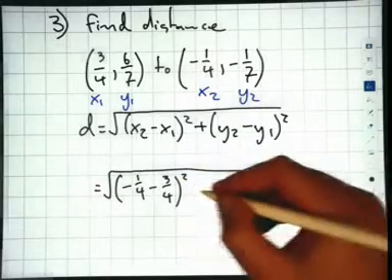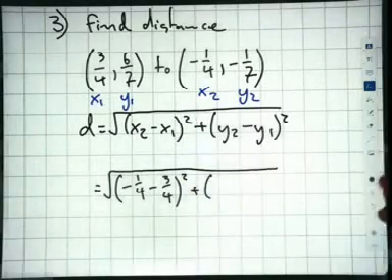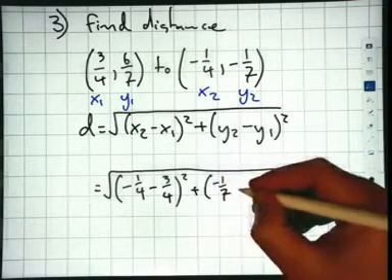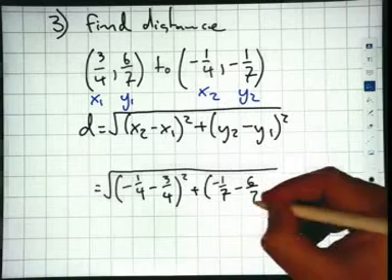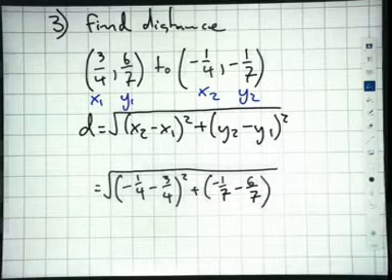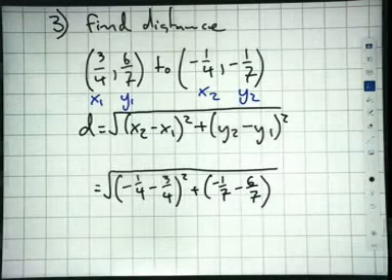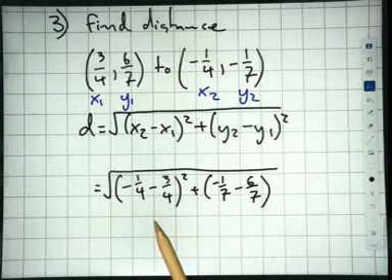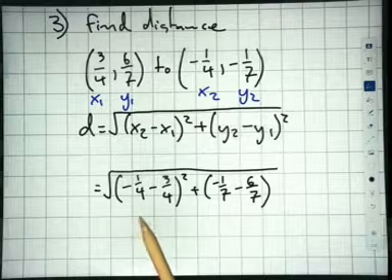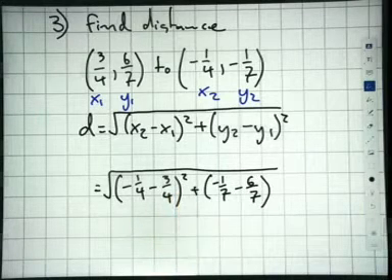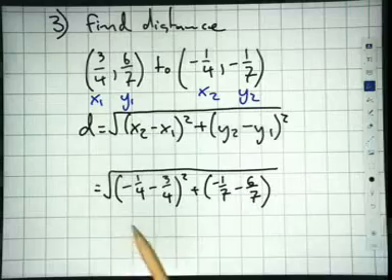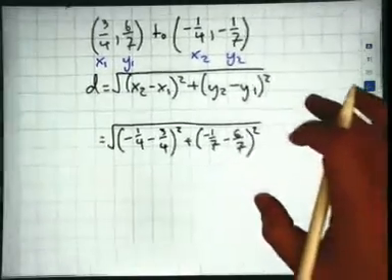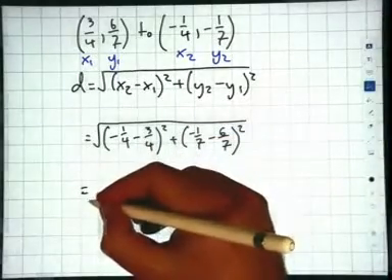Because you'll notice that the x's have the same denominator and the y's have the same denominator. If I really wanted to get you thinking about this problem, I would introduce fractions that don't have the same denominator, something like 1/4 minus 3/5. Then you have to do some extra work. But fortunately, the way this was constructed, we don't have to do that extra work.